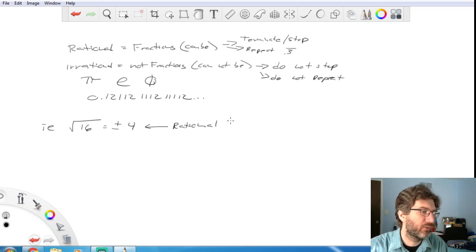Note that 16 is also a perfect square. Anytime you have this number being a perfect square, it's going to be rational.